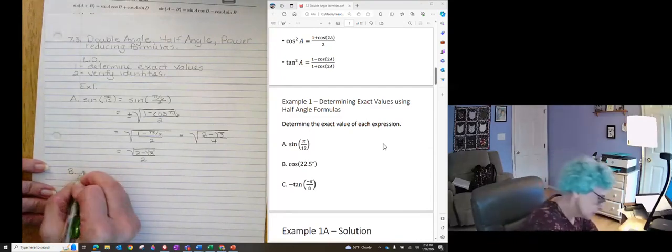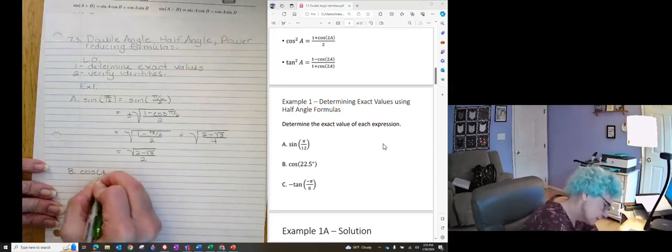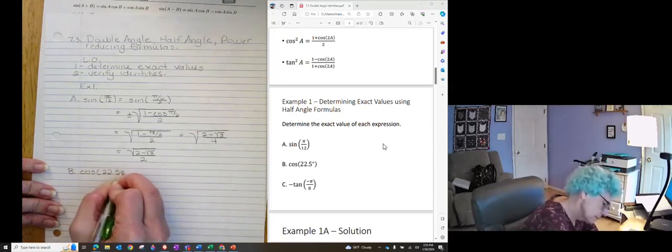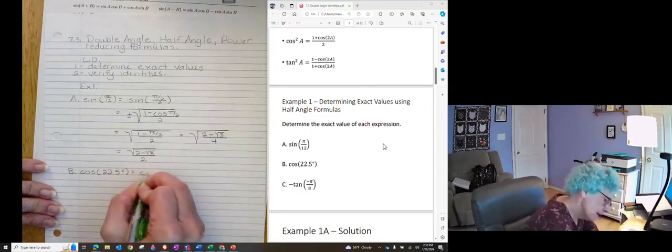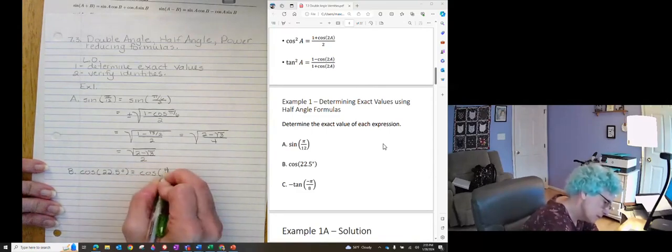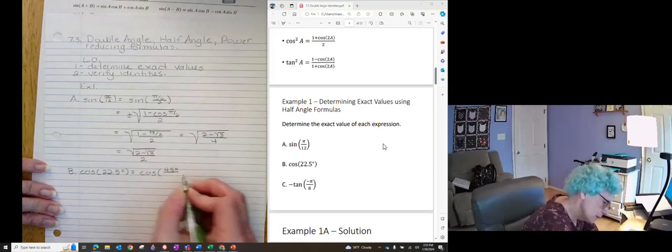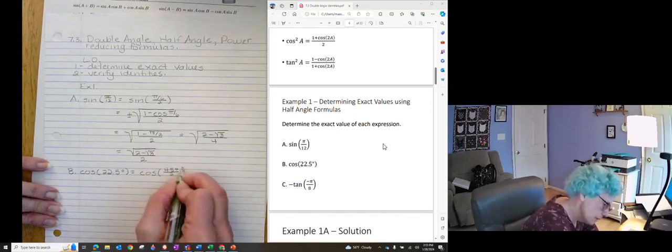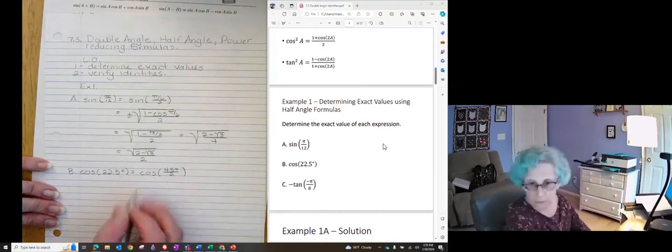Cosine of 22.5 degrees. That would be the cosine of 45 degrees over 2.